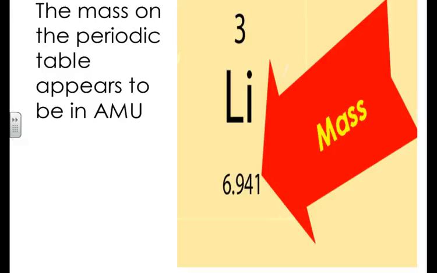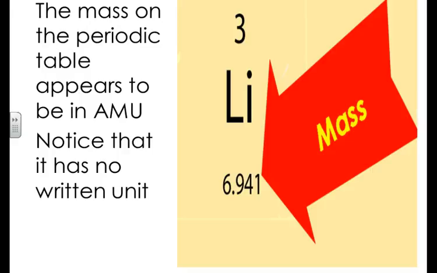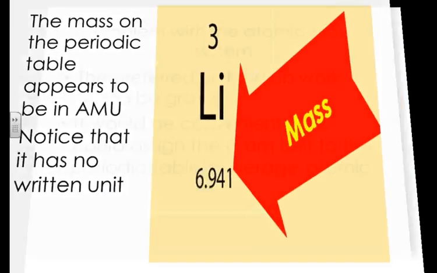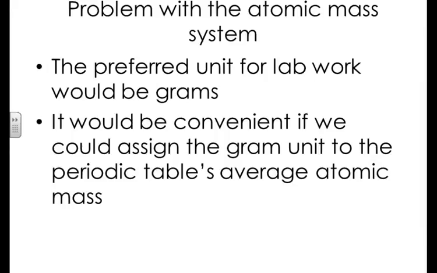The mass on the periodic table appears to be in AMUs, but notice that it has no unit. AMU is not written there. The preferred unit for lab work is one that we can measure easily, and that would be specifically in grams. So it would be convenient if we could assign the gram unit to the periodic table's average atomic mass.